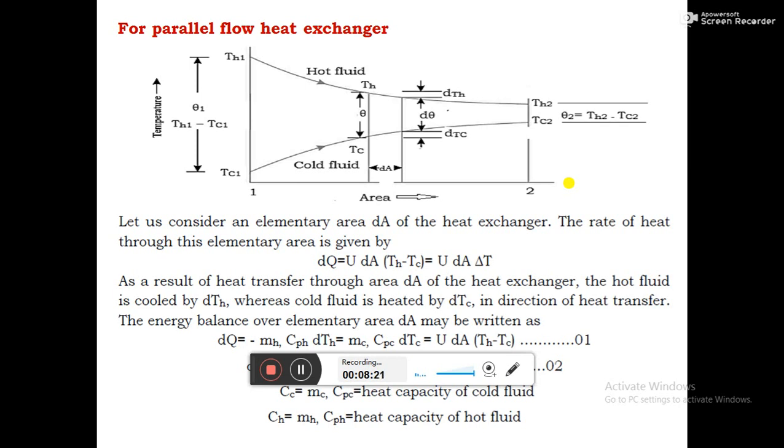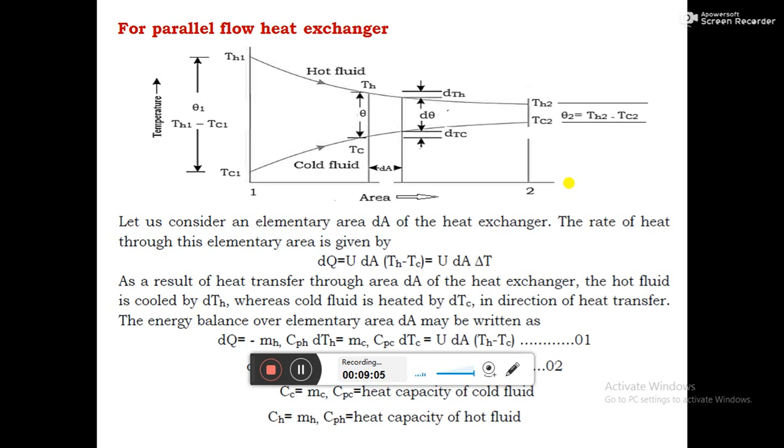The rate of heat exchanged between the hot fluid and the cold fluid through this elementary area is given by dq equals U into dA into (Th minus Tc), where Th is the temperature of the hot fluid at the inlet of the elementary area, and Tc is the temperature of the cold fluid at the inlet of the elementary area.